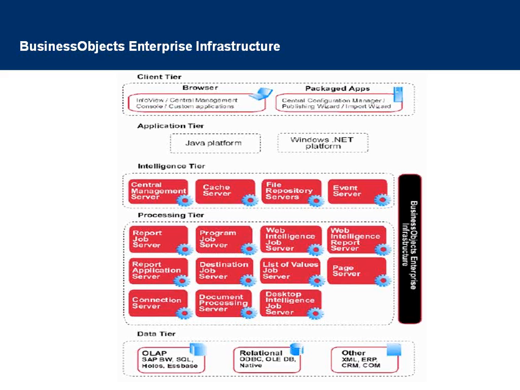The next time you view the same report, the central management server will first contact the cache server to see if the requested page is there. If it is not there, it will inform the processing tier, and the service there processes it based on the type of document.